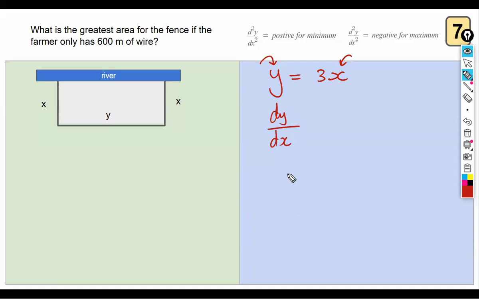If the two variables involved are A and, let's say, y, when you differentiate A and y, you'll get what? dA/dy. The point is, you as a Form 5 or a Form 4 student can only differentiate whenever there are two letters.